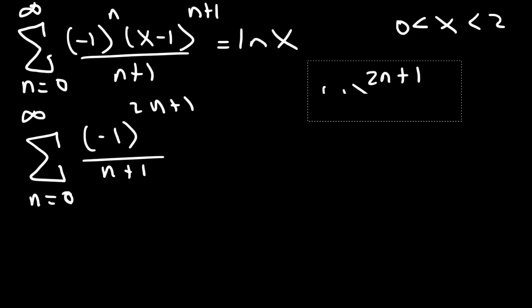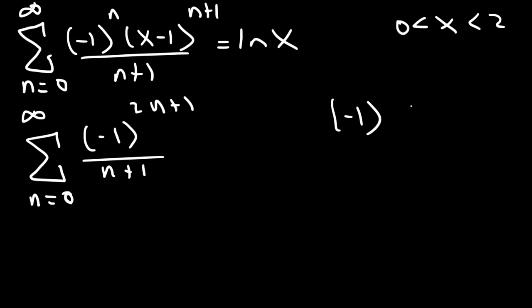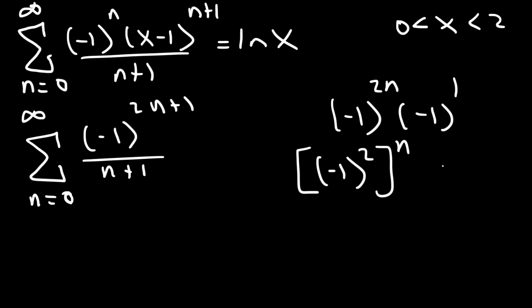So what type of series do we now have? Is this an alternating series? Negative 1 to the 2n plus 1, that's basically negative 1 to the 2n times negative 1 to the 1. And notice that for all n values, negative 1 to the 2n will always be even. You can write that as negative 1 squared raised to the n power. And negative 1 squared is 1.